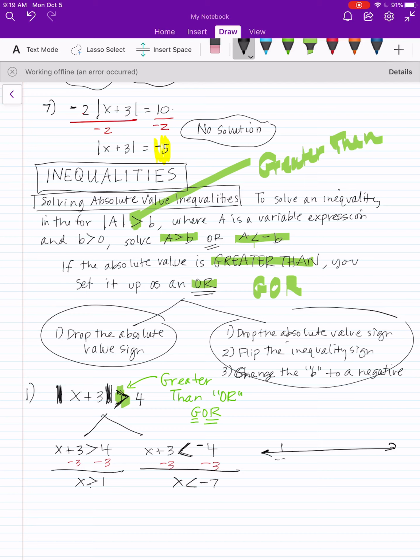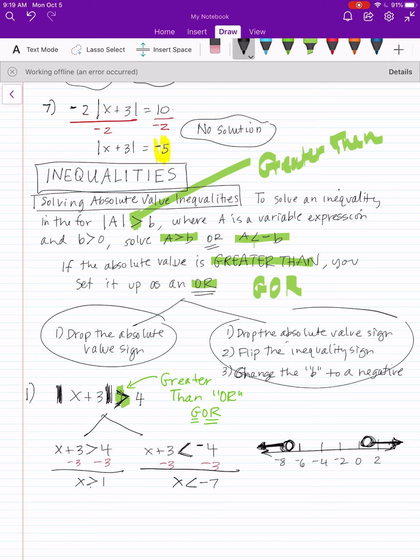I go from negative 7 up to 1, counting by 2s: negative 8, negative 6, negative 4, negative 2, 0, and 2. I would have an open circle at negative 7, and since x is less than that, my line goes this direction. Then an open circle at 1, and it says greater than, so it goes this direction.